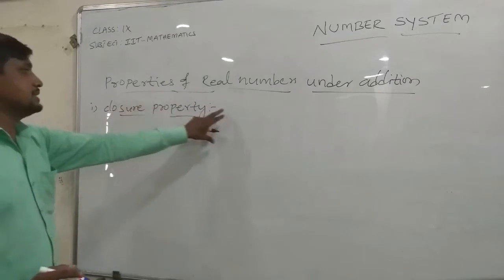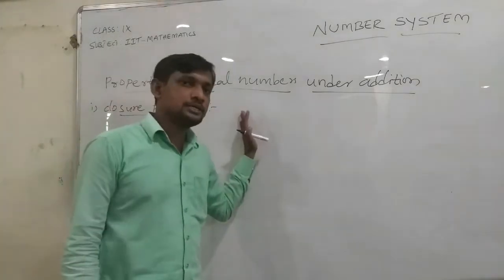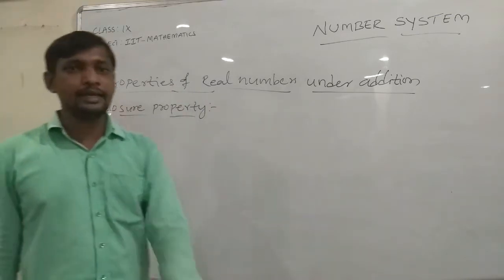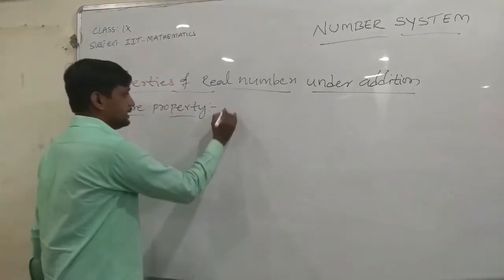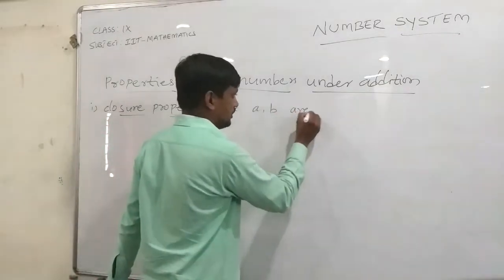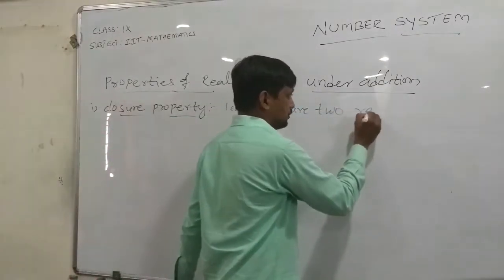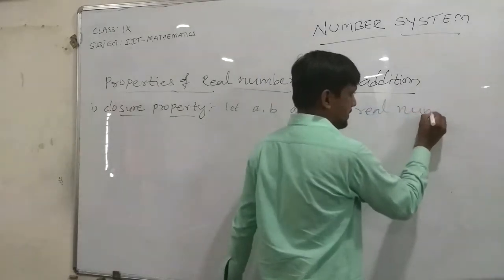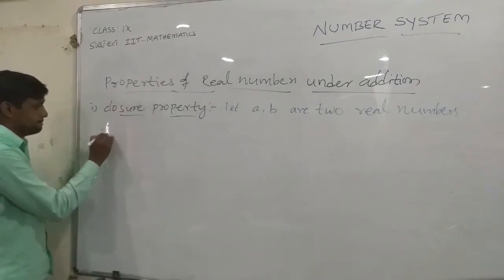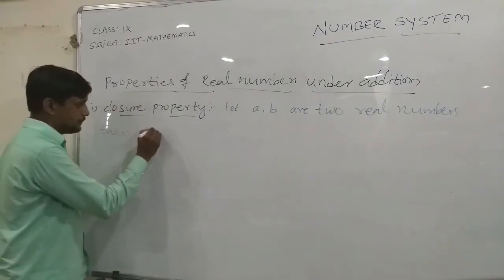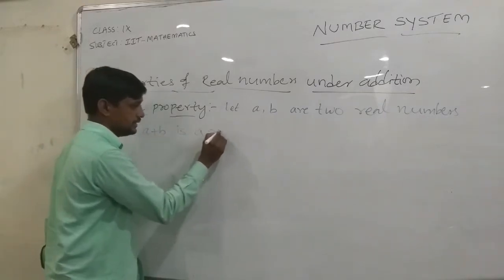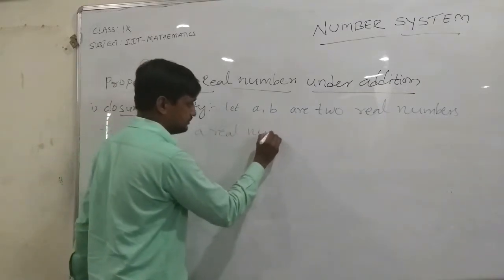So this property states that when two real numbers are added, then the sum of the two real numbers should be a real number. So here I am taking let A, B are two real numbers, then A plus B, that means sum of two real numbers is a real number.